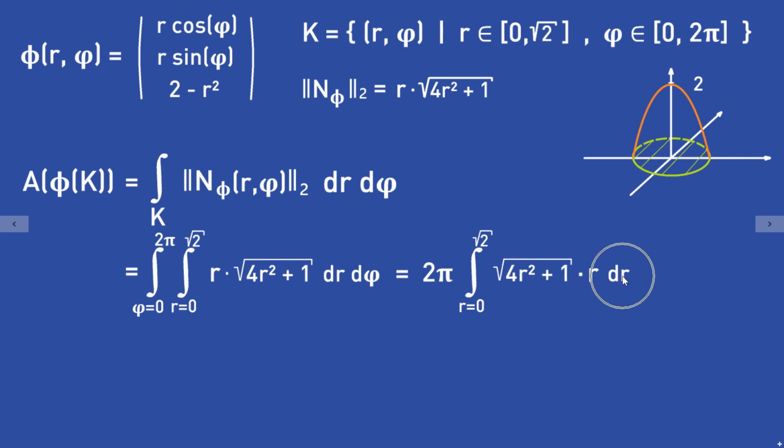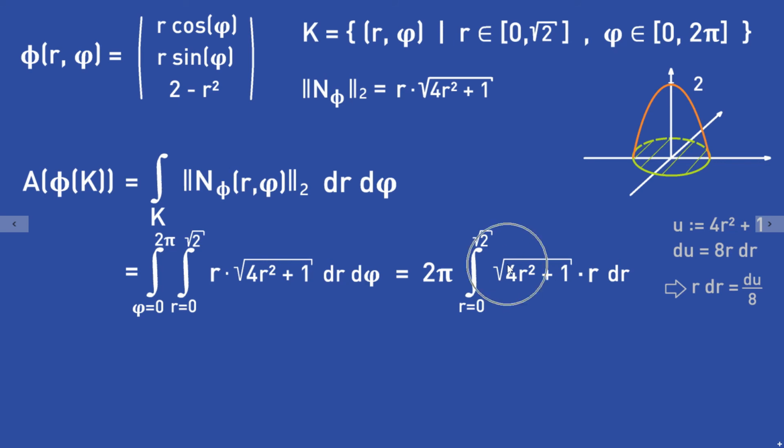We solve this integral by using the substitution rule. So we set u as 4r squared plus 1. Then du is equal to 8r dr. From that follows that r dr is equal to du divided by 8. So we get that 4r squared plus 1 is equal to u, and r dr is equal to du divided by 8.